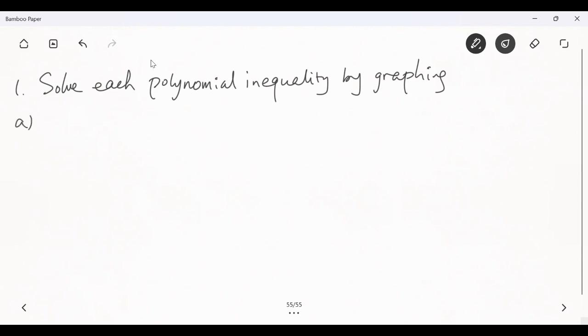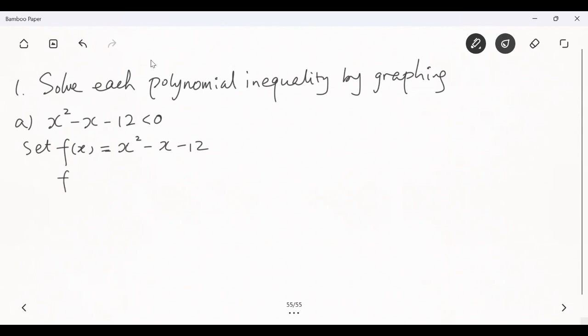A is x squared minus x minus 12 less than 0. So we change the inequality into an equation. Set f(x) equal to x squared minus x minus 12.